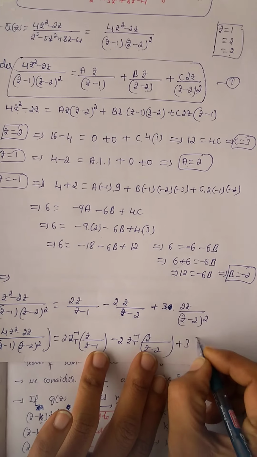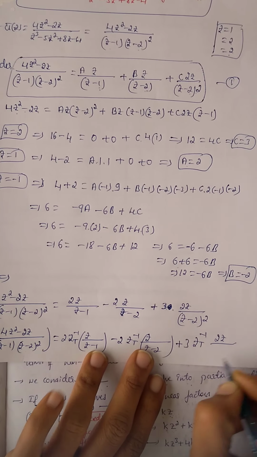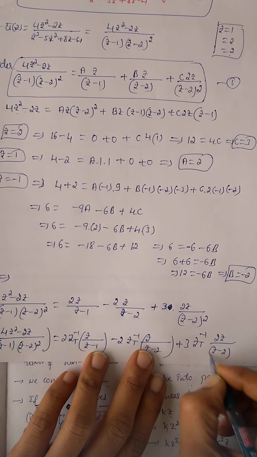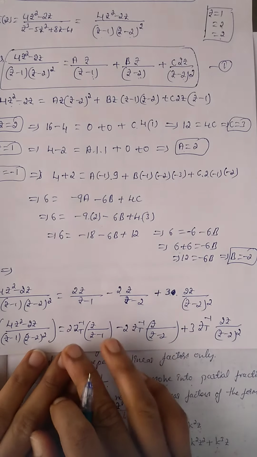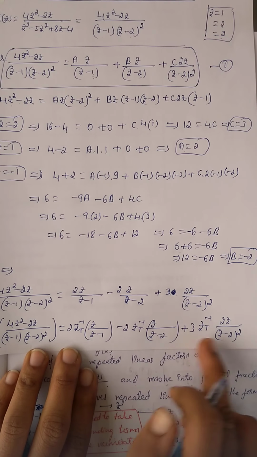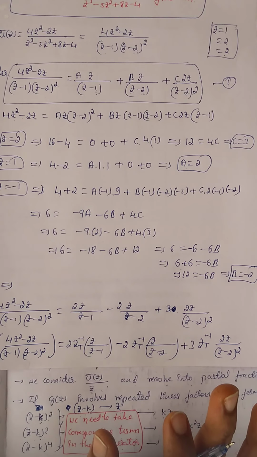I take 3 constant, inverse z transform of the third term is 2z by z minus 2 whole square. Okay, next finally use a basic formula, inverse z transform formula, substitute the answer for this 3 term, that is the final answer.